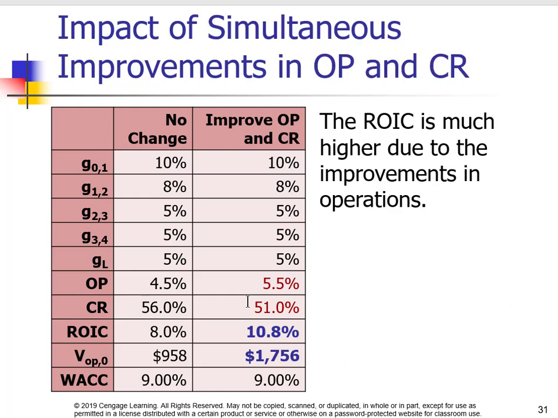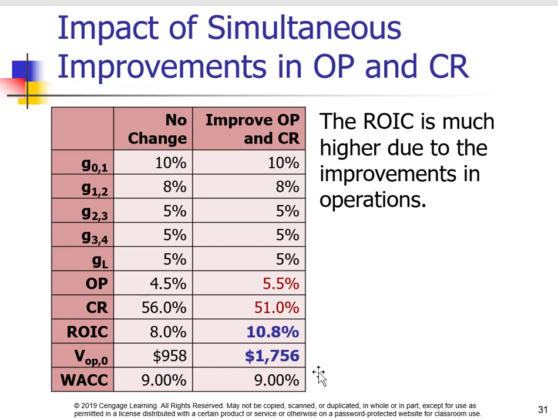So what if we say, well, look, what if we could make some improvement in operating profit and in the capital requirements? In this case, as you see, the return on invested capital increases dramatically.